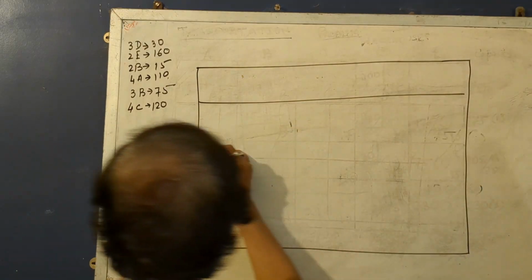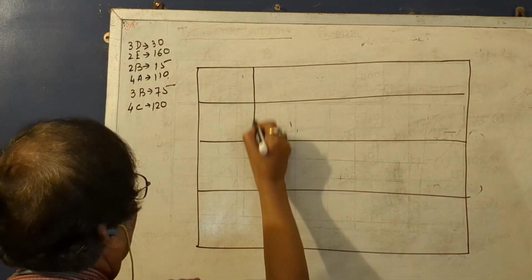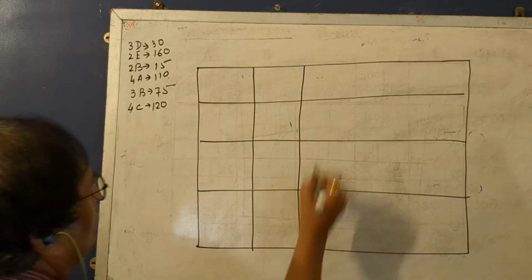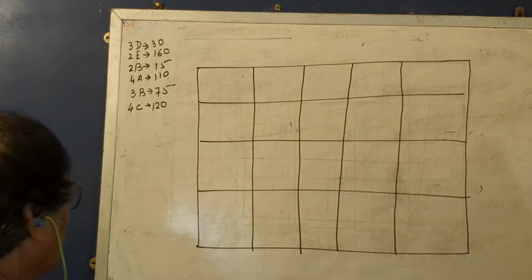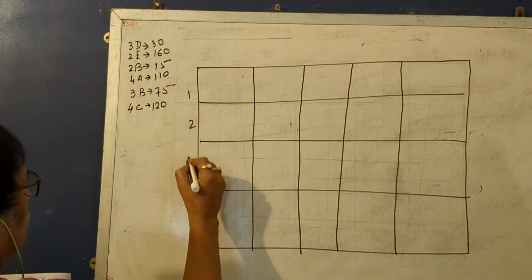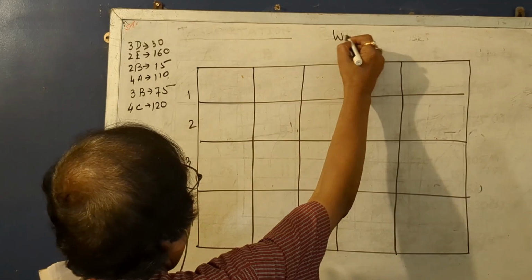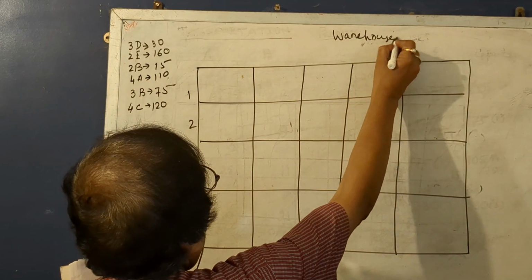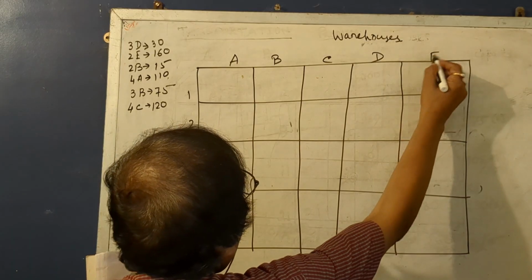The factories are 1, 2, 3, and 4. The warehouses are A, B, C, D, and E.